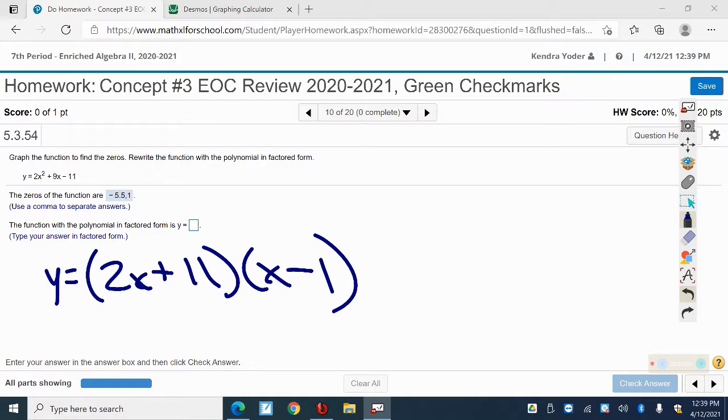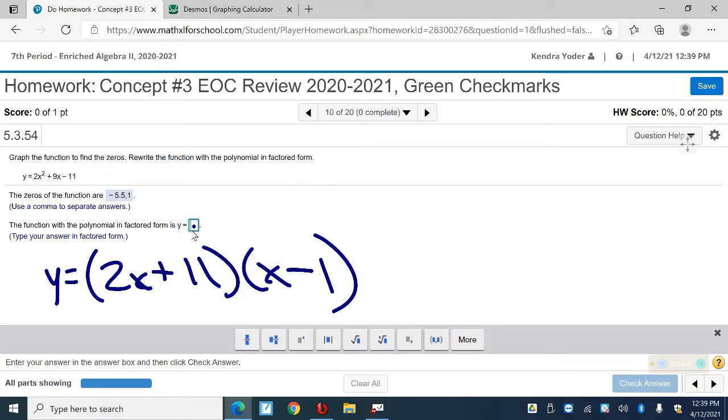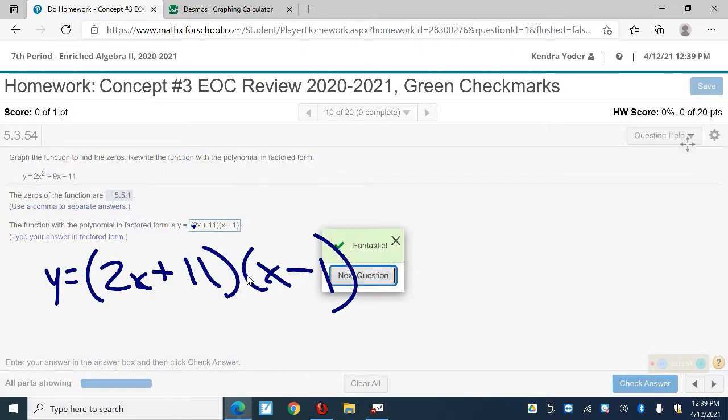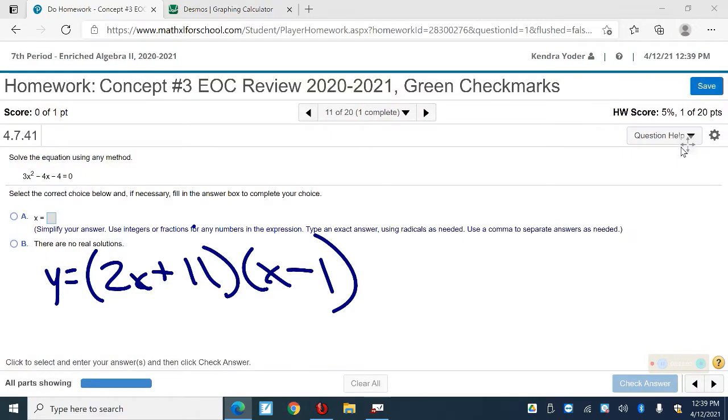And that's what you're going to put in there. You already have the y equals there, yes? So you just simply are going to have parentheses 2x plus 11 and then x minus 1. Do we all see that, yes or no? So yes, the calculator will get you the answers, but you still have to factor this to get it right. Okay? Any questions over what I just did on that one?